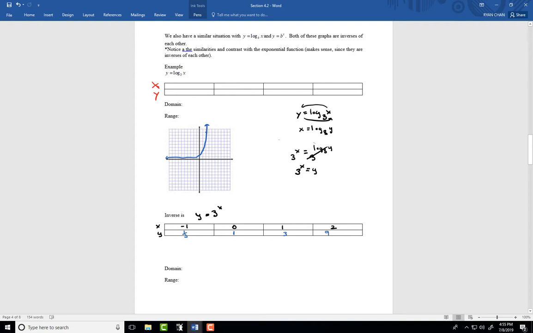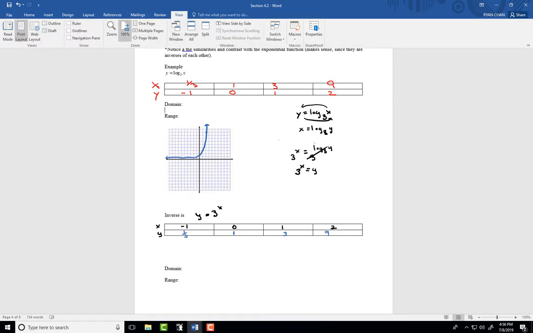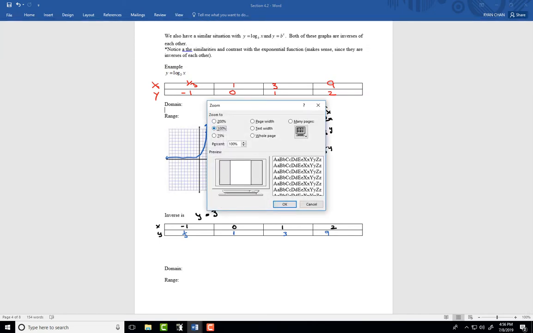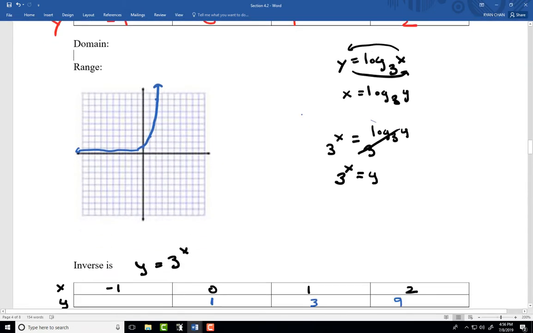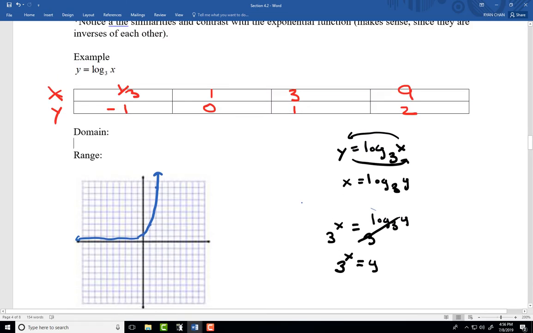So this will be -1, 0, 1, 2, and then this one will be 1/3, 1, 3, 9. Let's go back to 200 here. Remember your x and y's will be opposite and flipped around from your original. So your inverse and your original have x and y's swapped.